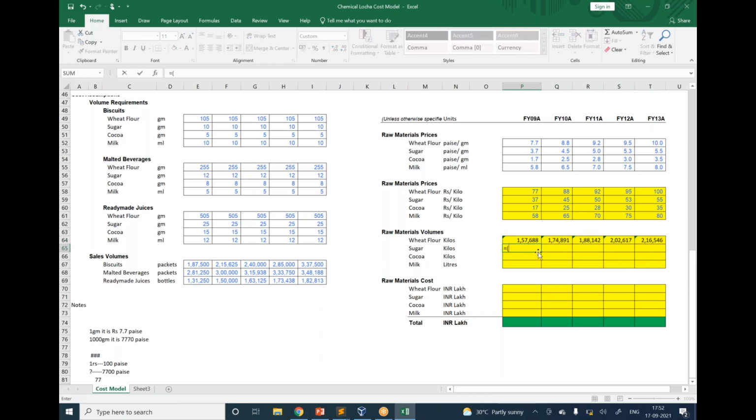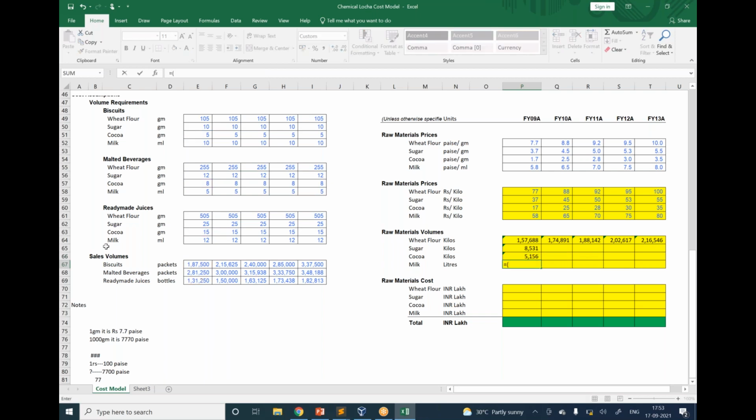Same thing. Open the bracket. Now sugar 10 into this plus 12 into this plus 25 into this. Close the bracket, divide by 1000. Then again open the bracket, 5 into this plus 8 into this plus 15 into this, divide by 1000.